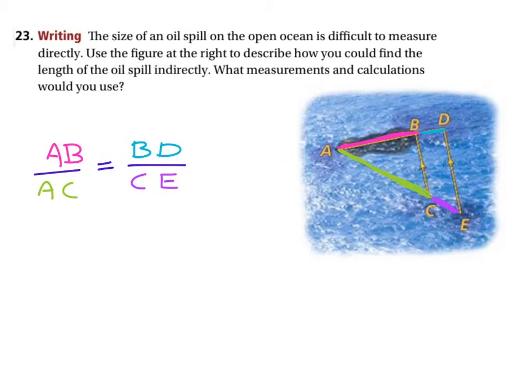Then it says, use the figure at the right to describe how you could find the length of the spill indirectly. So the way that you would describe this, and it's asking you to describe it, so your answer should be written in words.